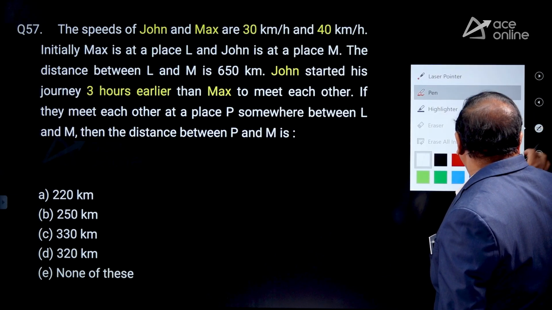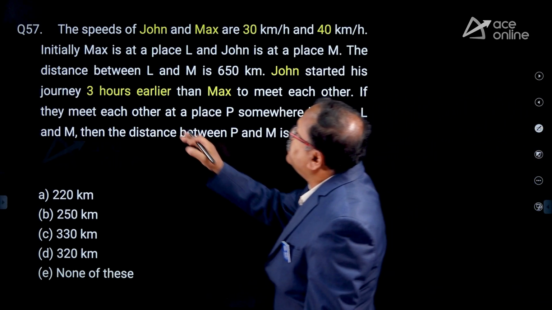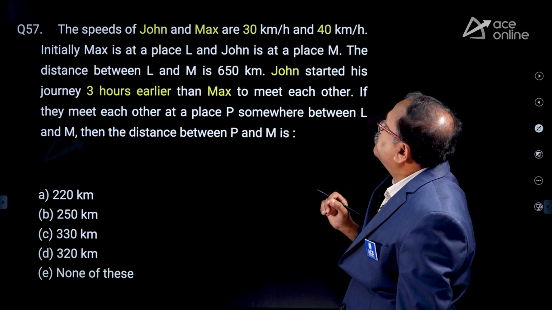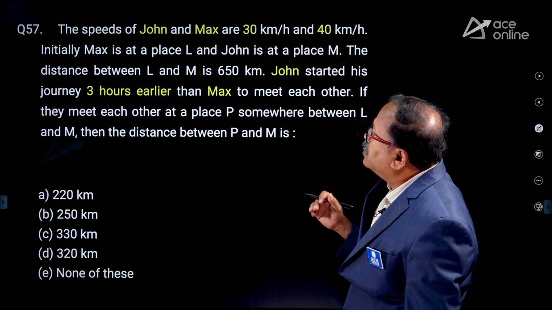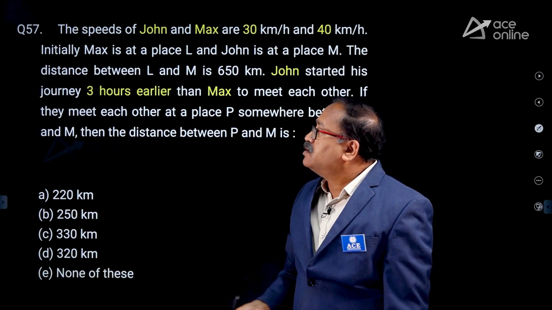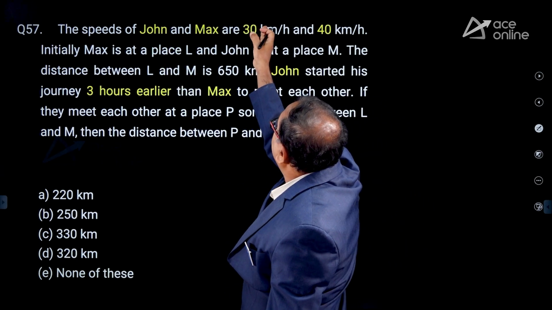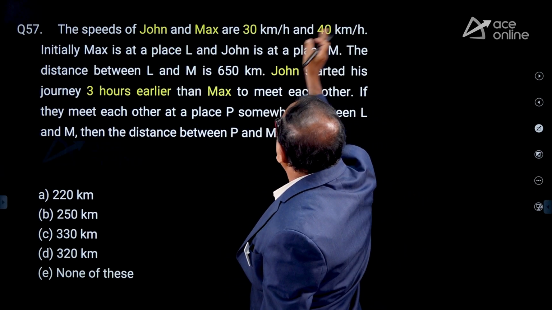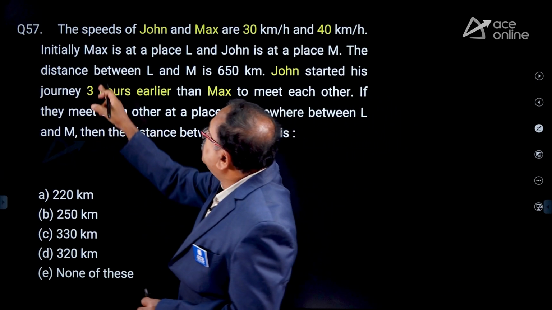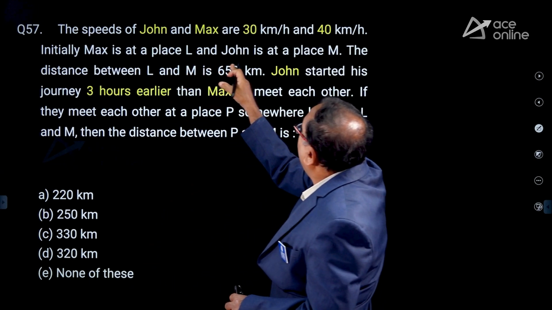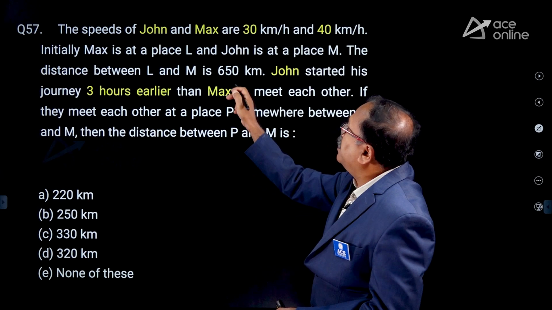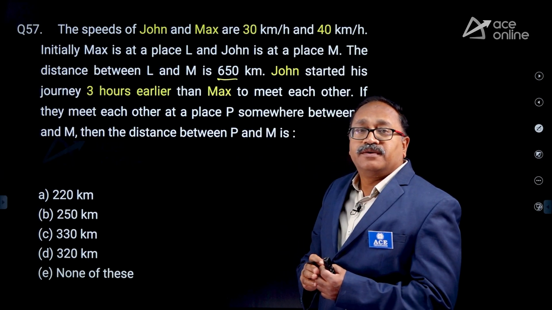Okay, it seems there is some more text here. The speeds of John and Max are 30 km and 40 km per hour respectively. It is not mentioned, but I assume that John's speed is 30 km per hour and Max's speed is 40 km per hour. Initially Max is at a place L and John is at a place M, and the distance between L and M is 650.